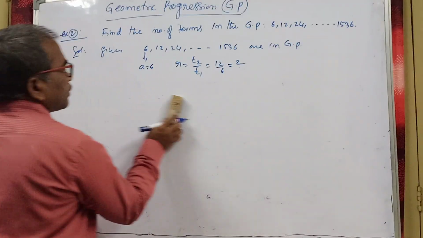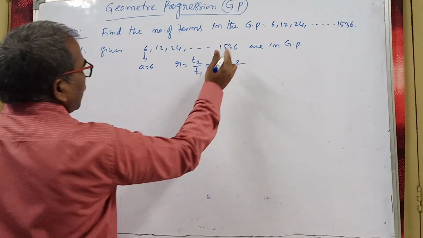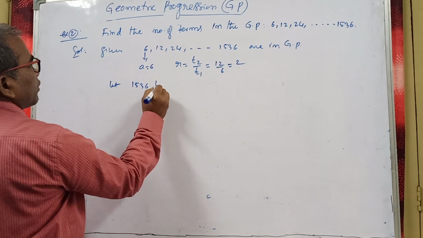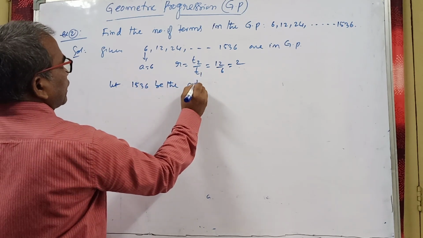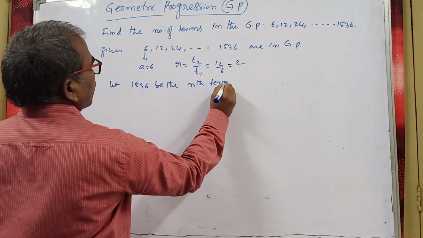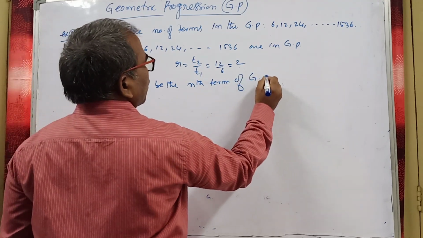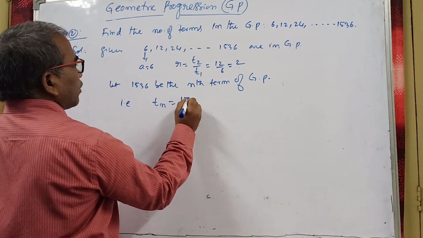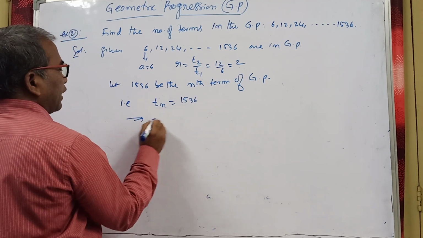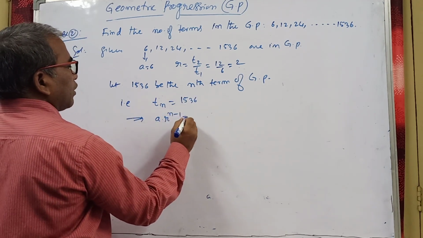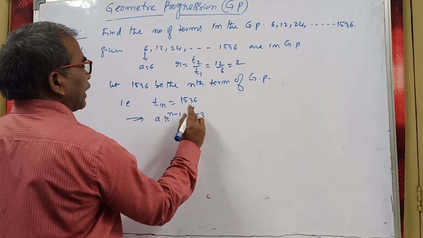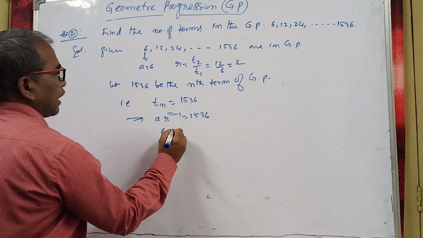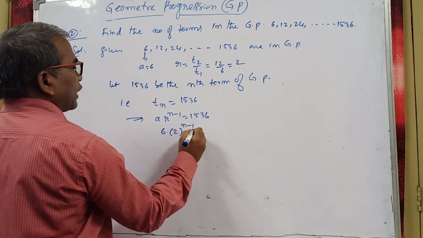So let 1536 be the nth term of the GP. The nth term means Tn. The formula: Tn means A into R power n minus 1. So calculate this. A is 6, R is 2, and n minus 1.